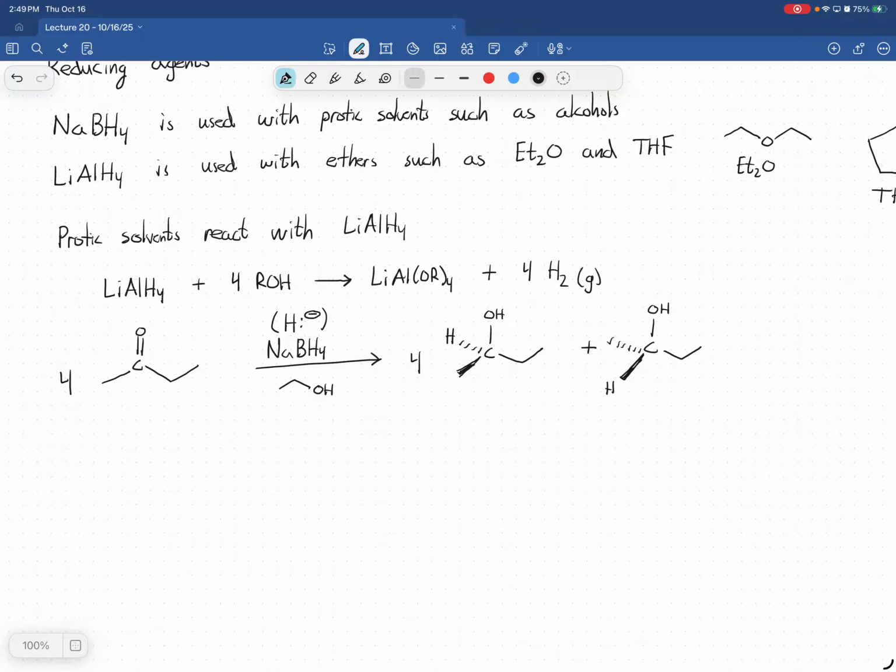When you have a planar carbon, remember, radicals, carbocations, whenever you have something like that, or a p orbital, you're going to form a racemic mixture. So this is a racemic mixture of enantiomers.